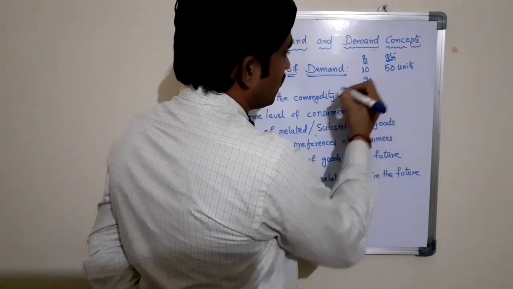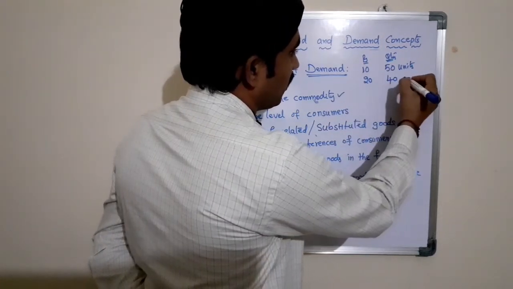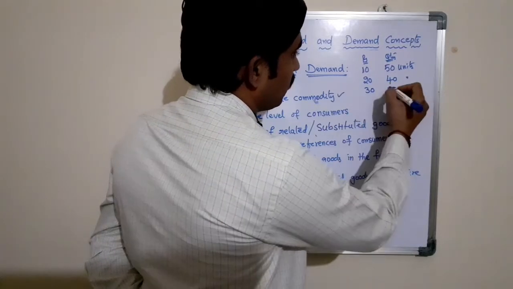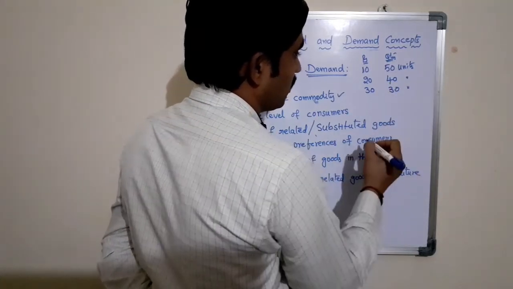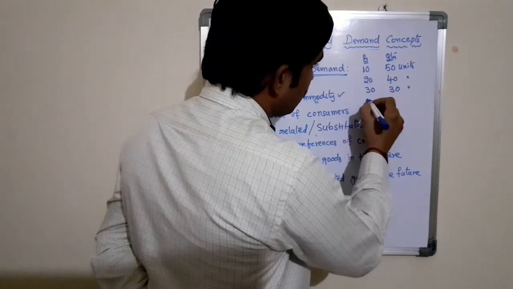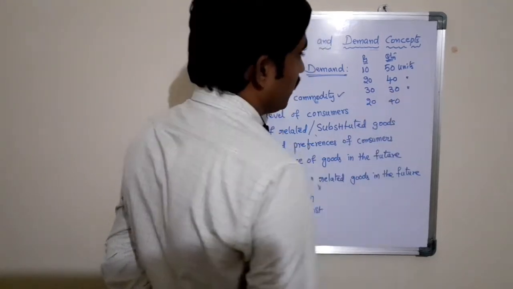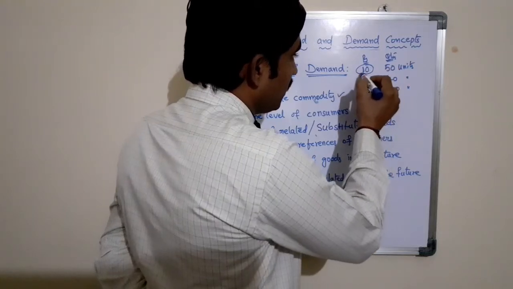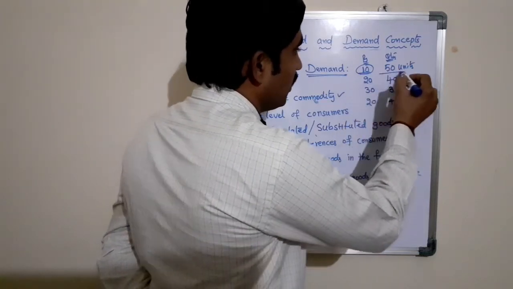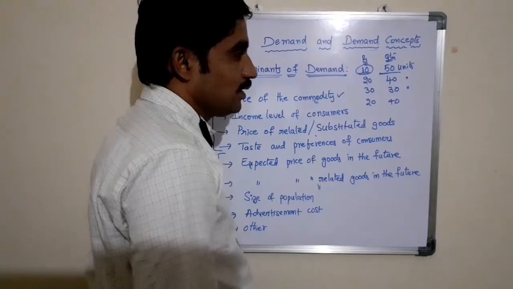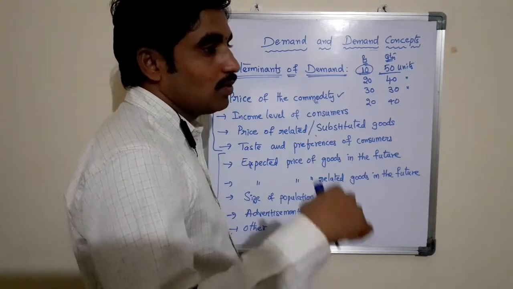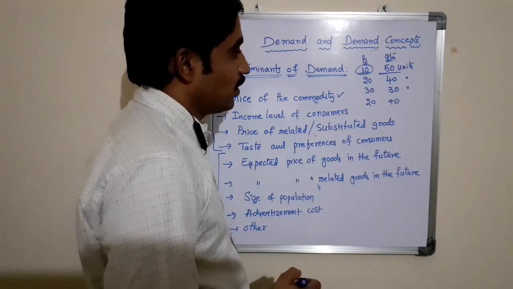If the price increases to 20 rupees, the quantity demanded decreases to 40. At 30 rupees it decreases to 30. If the price decreases again to 20, the quantity may increase. Means when there is a change in the price of the product, there is a corresponding change in quantity demanded. That is a negative relationship.